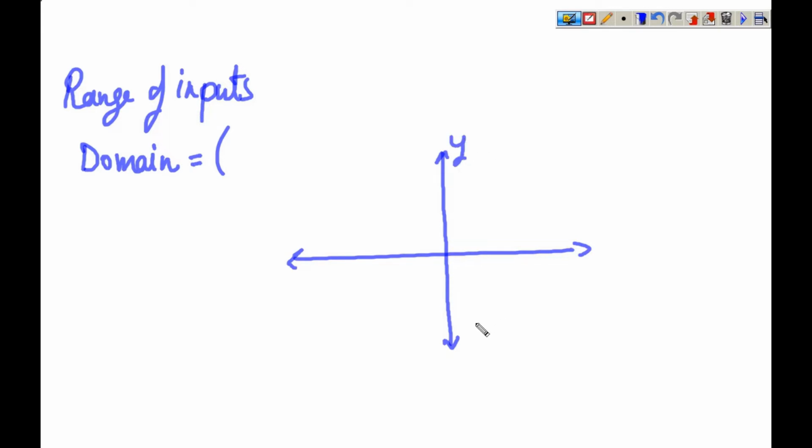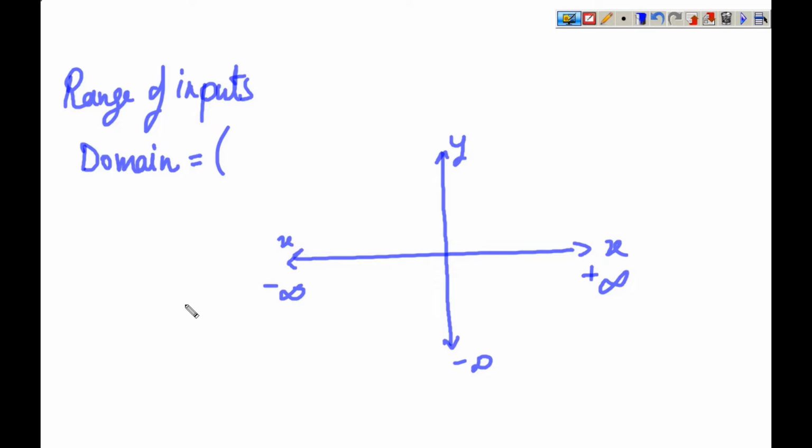So y represents the value of the function. This is positive infinity. This is x, the value of the input variable.